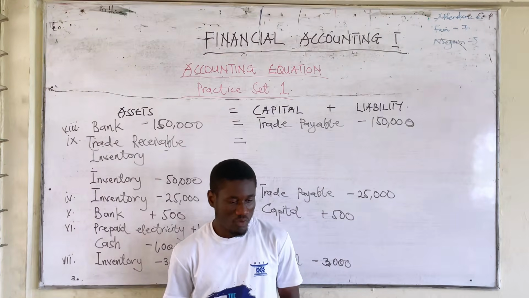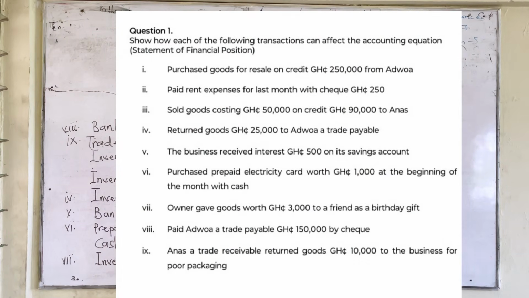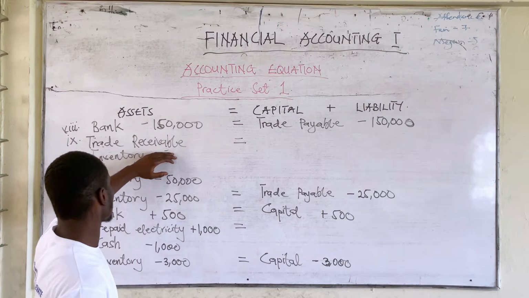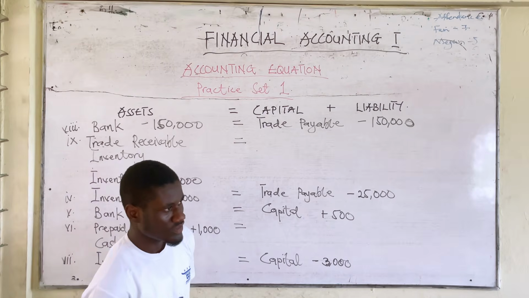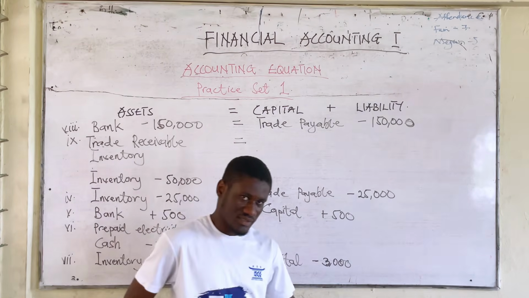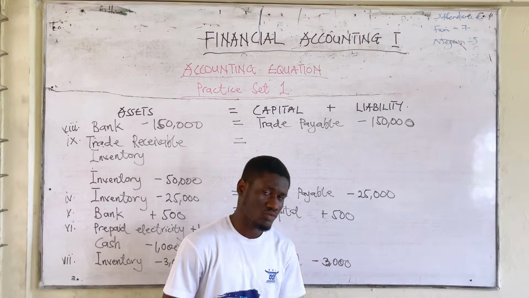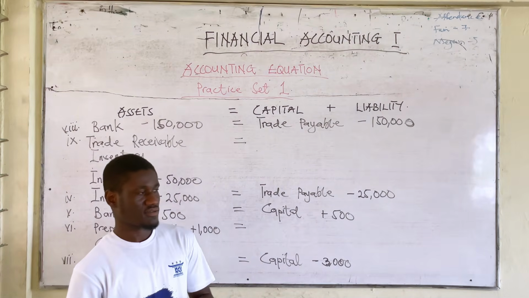So the trade receivable here, what happened to the trade receivable? Now the trade receivable returned goods, okay, worth 10,000 to the business. So what is happening to the inventory? Inventory is going to increase, because we sold to you on credit. That's our trade receivable. Now you are owing us.